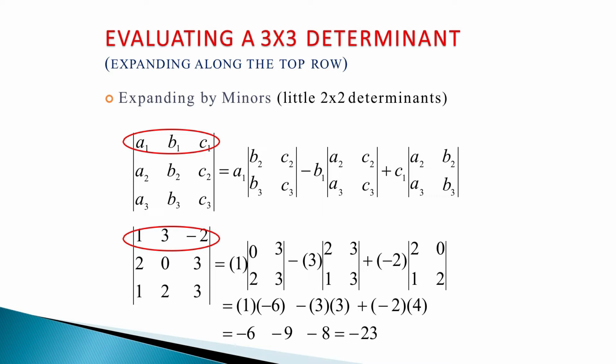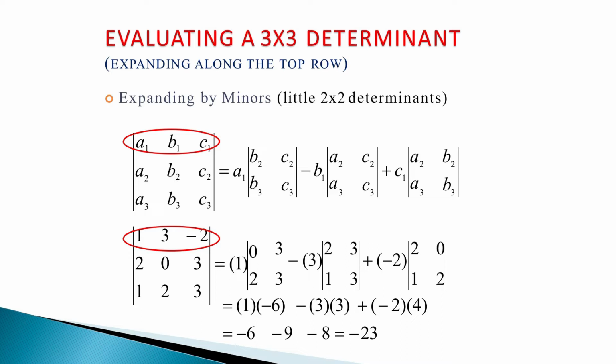Similarly, here is another example. A determinant is 1, 3, minus 2, 2, 0, 3, 1, 2, 3. Expanding the first row, we have 1 into the second order determinant of 0, 3, 2, 3, minus 3 into the second order determinant of 2, 3, 1, 3, plus minus 2 into the second order determinant of 2, 0, 1, 2.